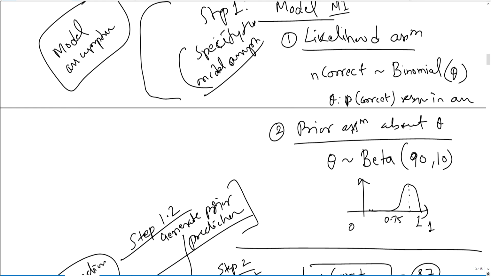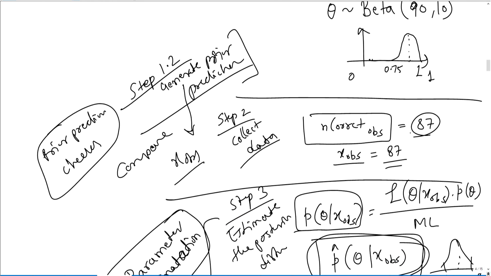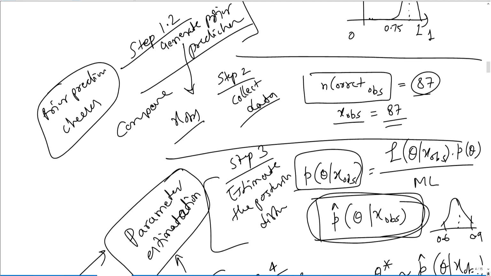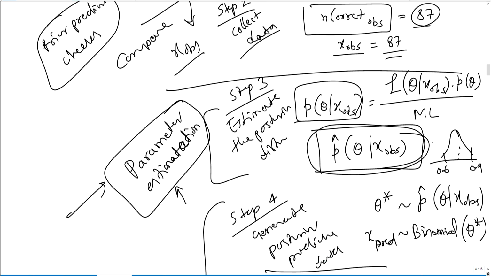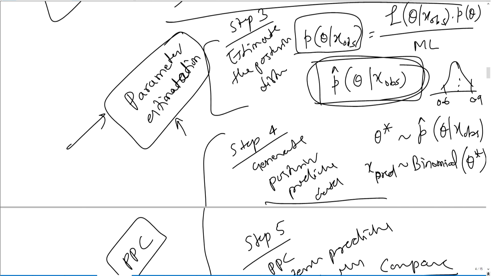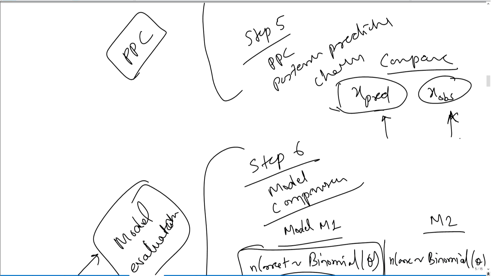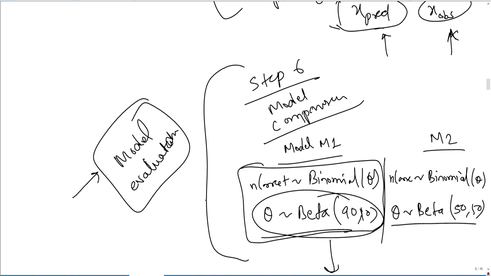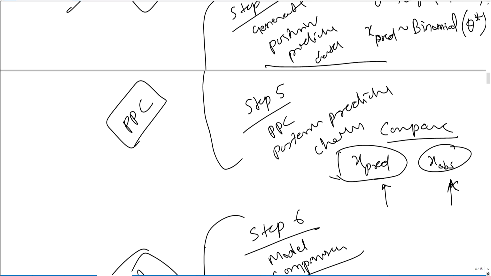You know, for example, at this point, how to specify likelihood and prior assumptions, how to generate prior predictions, how to estimate posterior distribution using a simple method where you take a lot of values of a parameter and calculate its likelihood and prior density, and you multiply them to get posterior densities corresponding to each parameter value, and then you can sample from this vector of parameter values to get your posterior samples, and then use those posterior samples to generate posterior predictive data, right. You cannot do model comparison at this point because I haven't taught you, but you can at least practice this up to step 5.